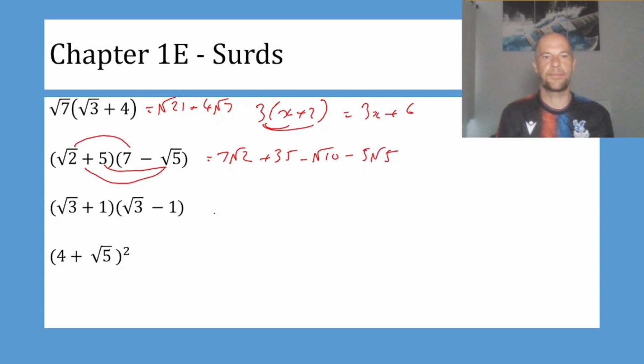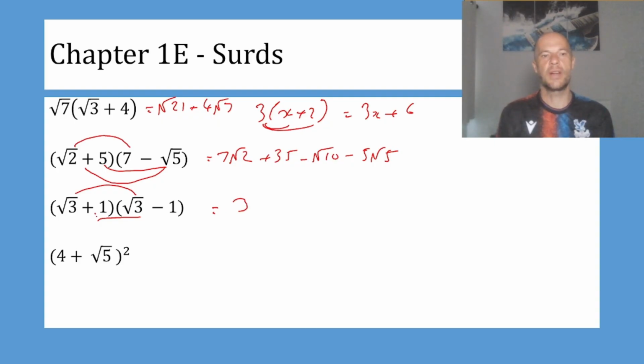No, it can't. Okay, so this is an interesting one here. Well, it's not that interesting, I guess, but it's a useful one. Root 3, we've got identical brackets. The only thing that is different is one is plus, one is minus. So what that means is we don't need to bother with the insides and the outsides because they'll cancel each other out. So let's just do the first and last. Root 3 times root 3 is 3.